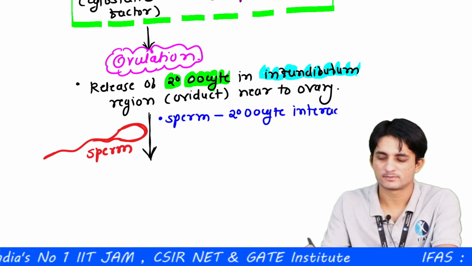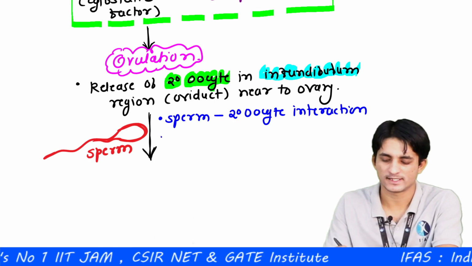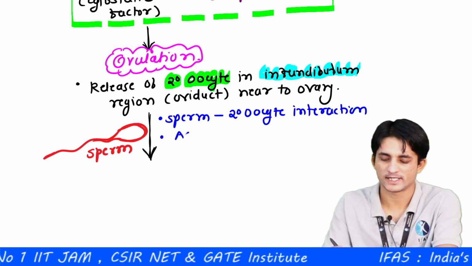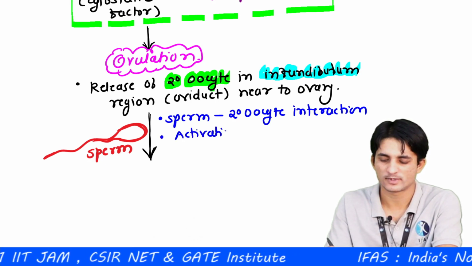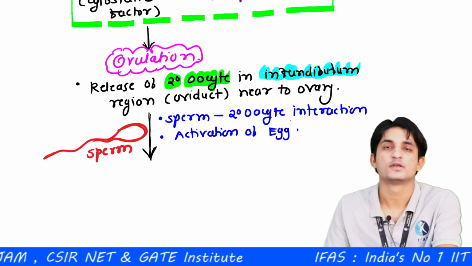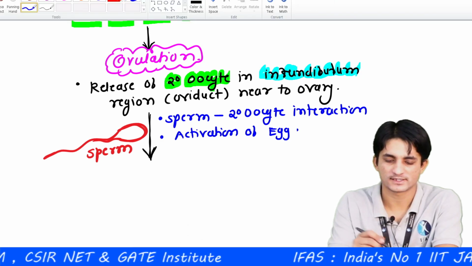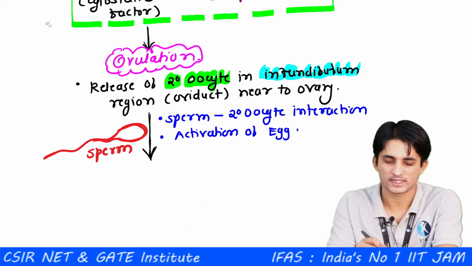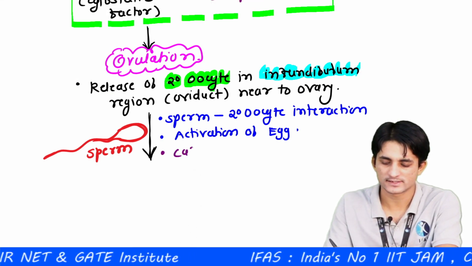So there is sperm and egg interaction, there is activation of the egg. Activation of the egg is due to sperm and egg interaction, so calcium in the egg is released into the cytosol.